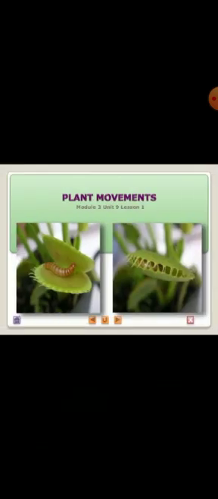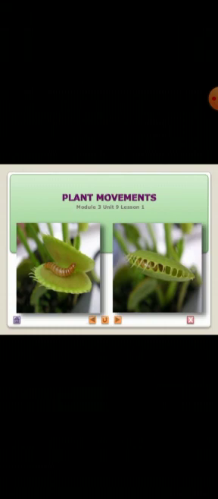Here is another picture of a plant, in which the plant is trying to capture an insect, and when the insect comes completely in its control, it suddenly closes its mouth.